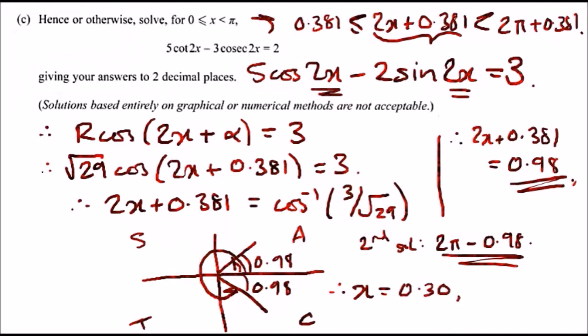And for the second one, we got 2 pi minus 0.98. Now we subtract 0.381 and divide it by 2, and we should get 2.46.